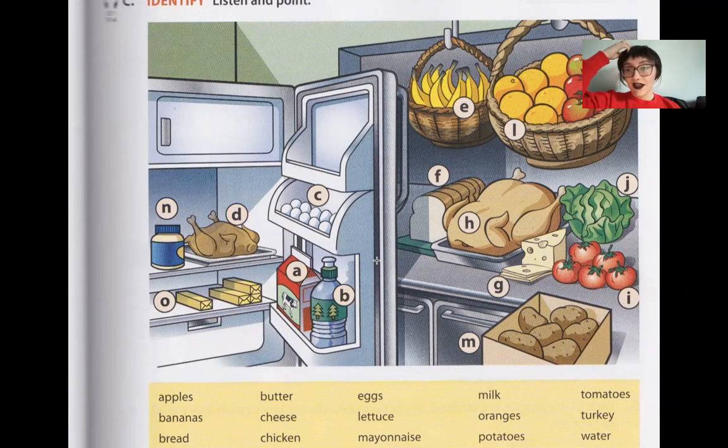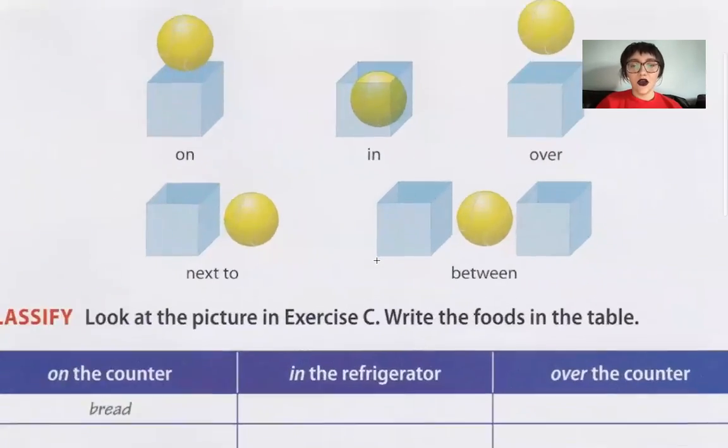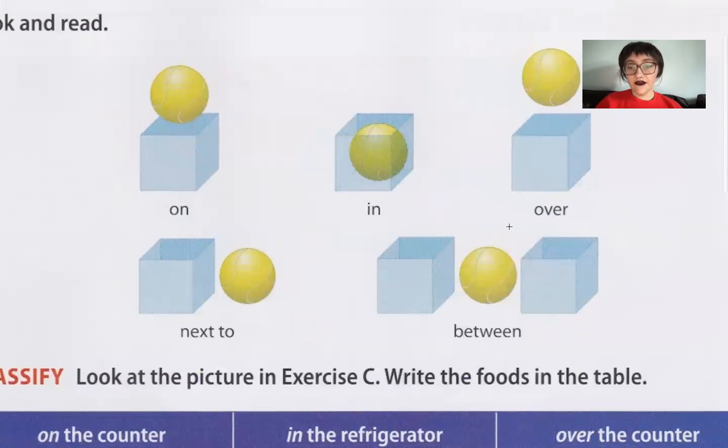So for your kind of homework that I want you to do is make a list of what is in your fridge using the words on, in, over, next to, between. Right, so you can say, my soda is between my chicken and my lettuce, right?